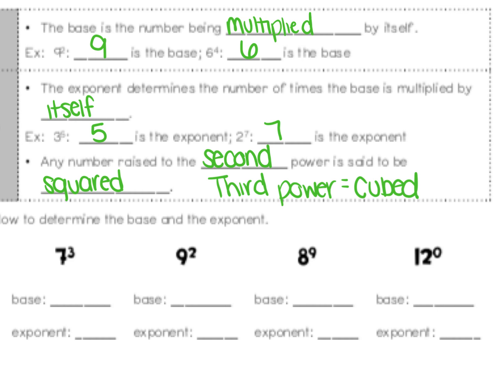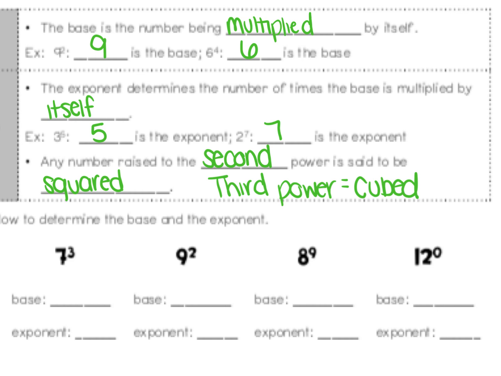So 9 to the 2nd power, I could say 9 squared. 9 to the 3rd power, I can say 9 cubed. 9 to the 4th power, I can say 9 to the 4th power, because that doesn't have a nickname to it. Okay? So when you get with partners in a second, you're going to finish this front side.